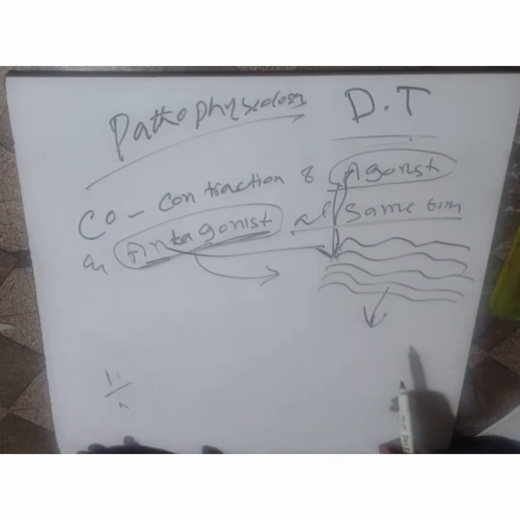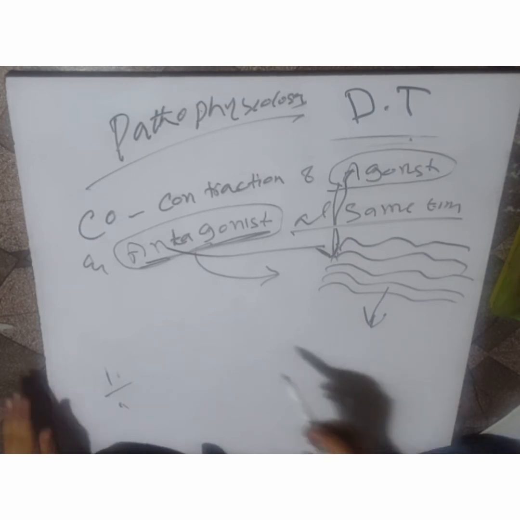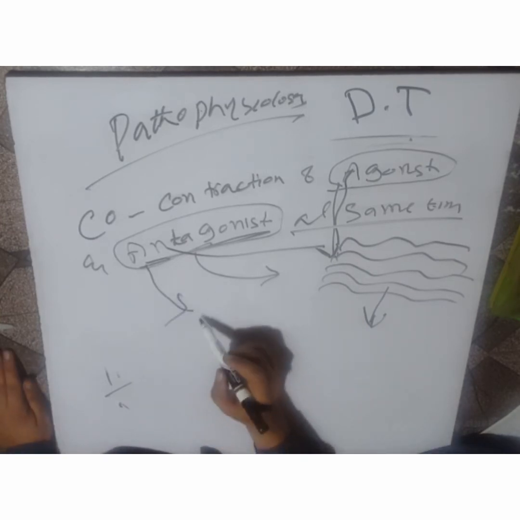So both agonists and antagonists work at the same time in dystonia. One of these movements is not required, so there is derangement of motion.